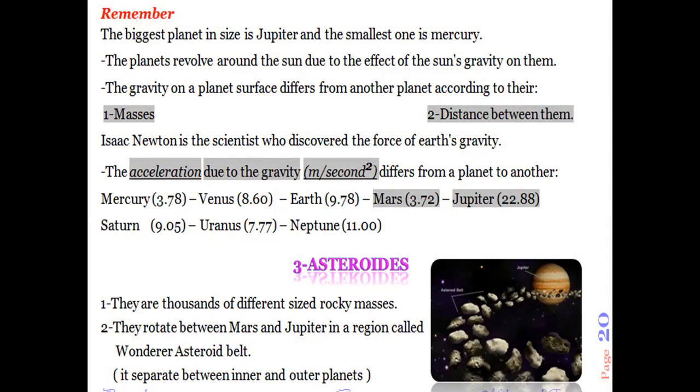The gravity on the planets' surfaces is not equal, but it differs from one planet to another according to the mass of the planet and the distance between them.